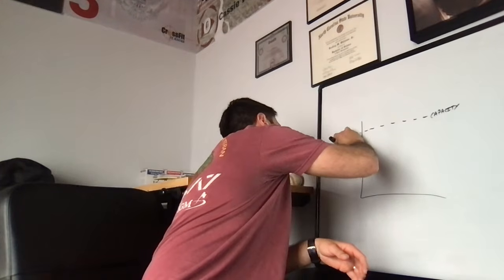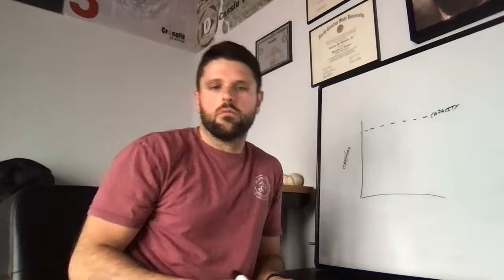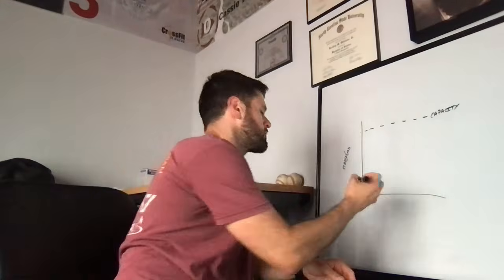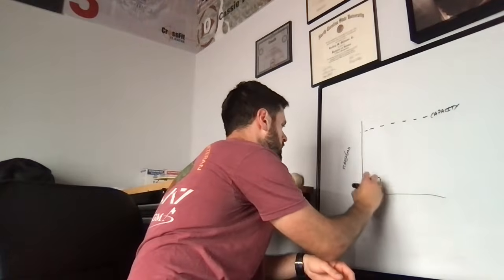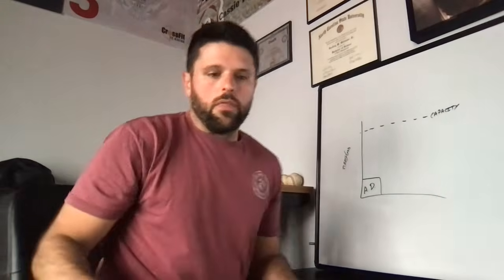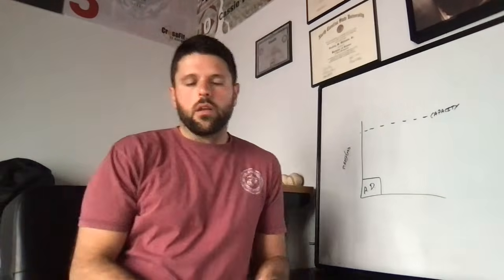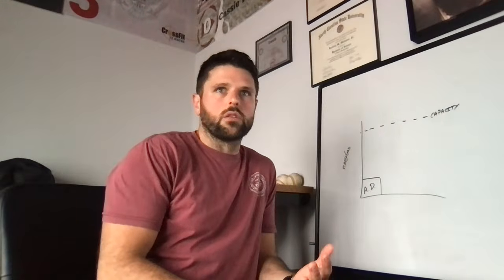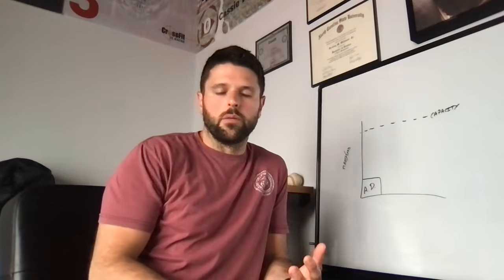We're going to break these down piece by piece. This first one on the bottom here is going to be our anatomical dysfunction. This is parts of the body that do not support you the way that you need them to.